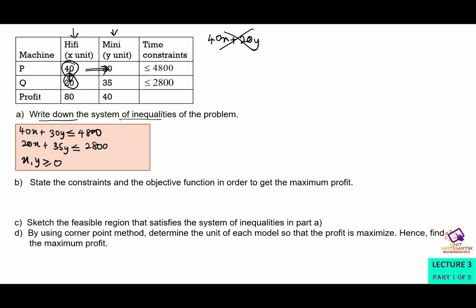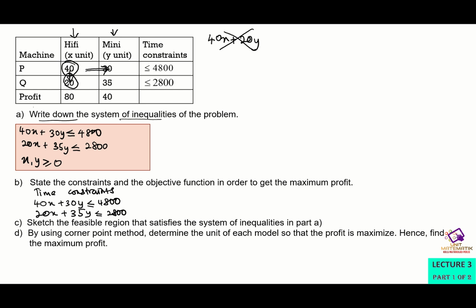Next, B, we have state the constraints and the objective function in order to get the maximum profit. So the constraint that we have is time constraints. Okay, and the inequalities is 40x plus 30y less than or equals to 4,800 and 20x plus 35y less than or equals to 2,800. So this is the constraints. And then the objective function. What is the objective function?